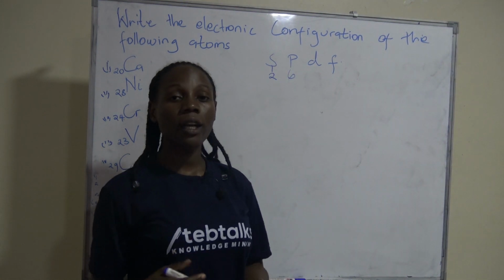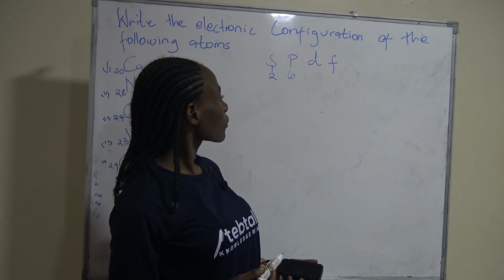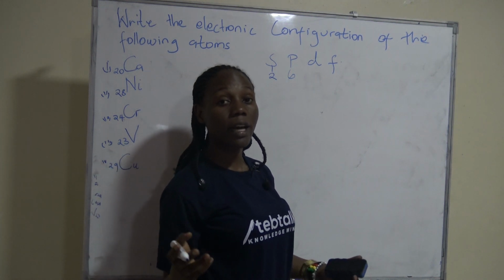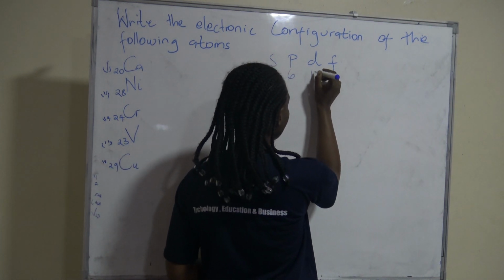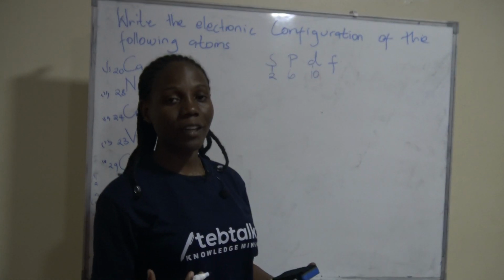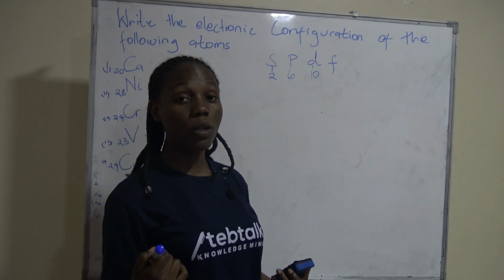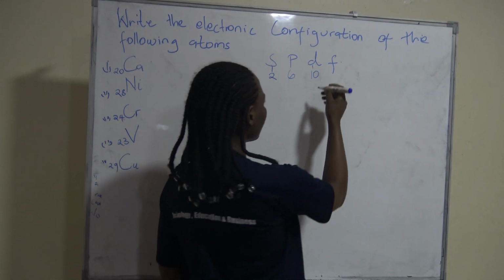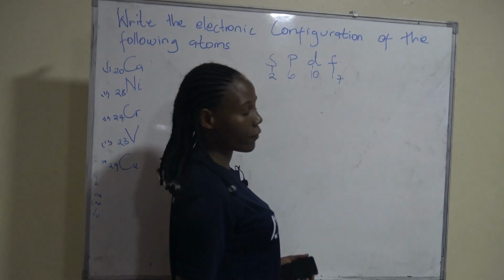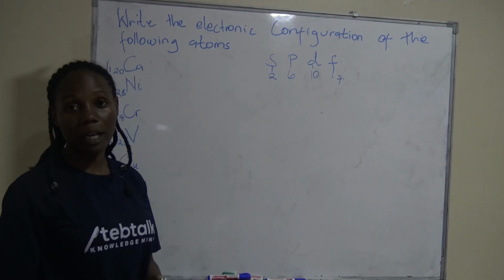The D shell takes a maximum of 10 electrons because it has 5 orbitals. The F shell has a maximum capacity of 14 electrons because it has 7 orbitals. So let's start with Roman number 1, which is calcium.